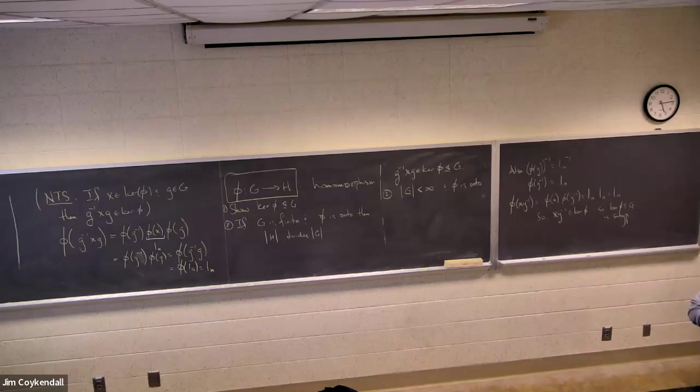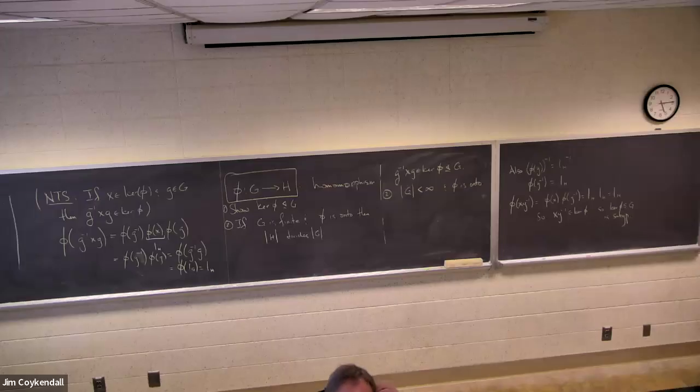Okay. Now, what about this division business, right? Okay, so now I know that H is finite. How do I know that the order of H divides the order of G? Any ideas on how I might do this? Or what theorem might be useful in this situation? Which one?